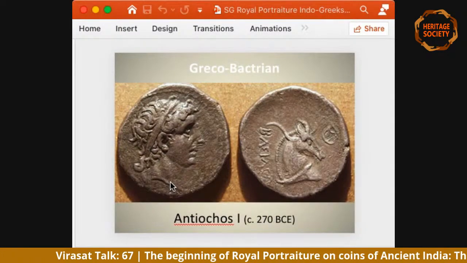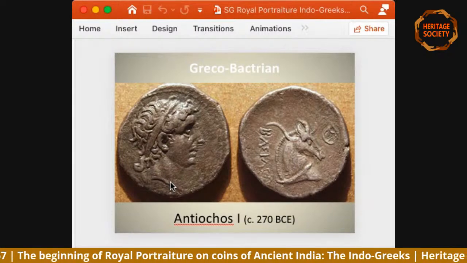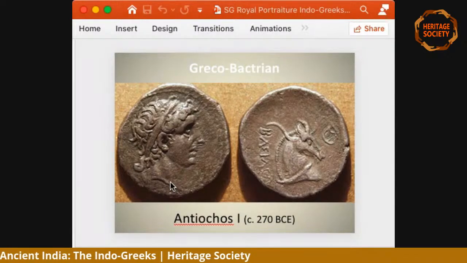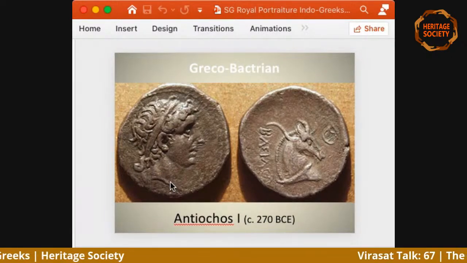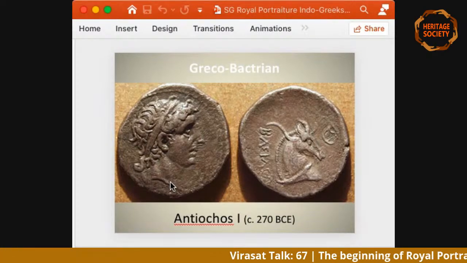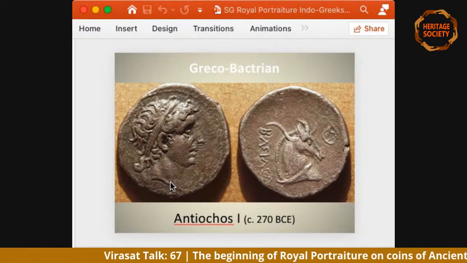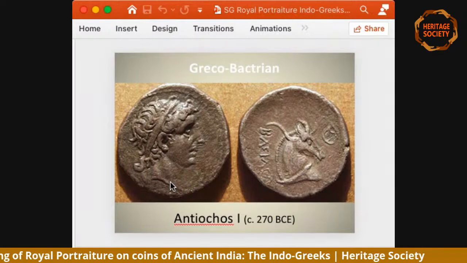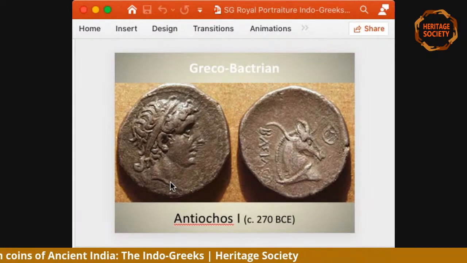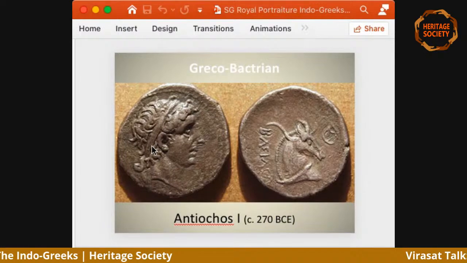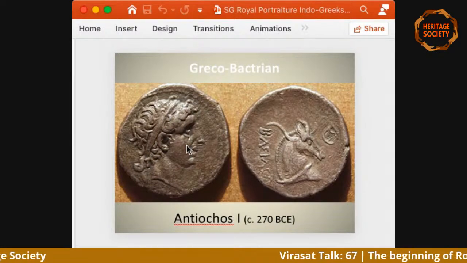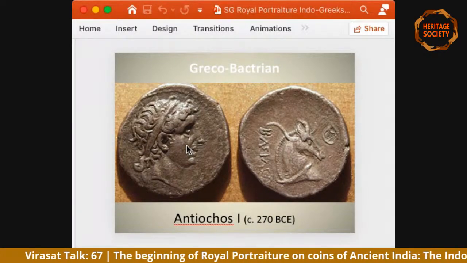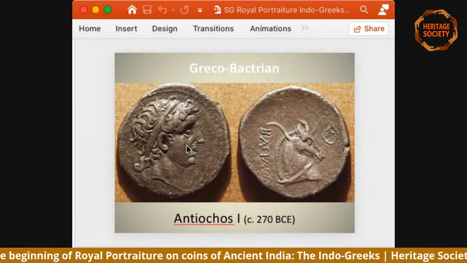This is again a very interesting coin, a copper coin of Antiochus, who earlier was the governor, or a representative, of Seleucus Nicator in Bactria, but later on became king in his own right. This coin shows the diademed head of the king. Now, the diadem is a type of crown in the Greek tradition, some sort of hairband.